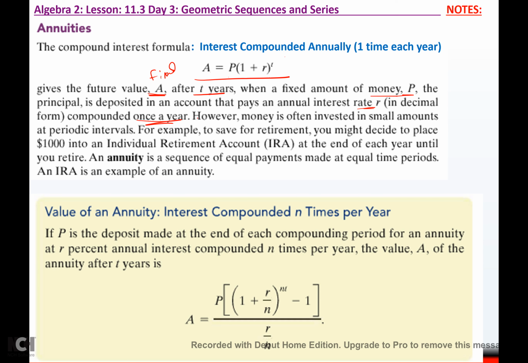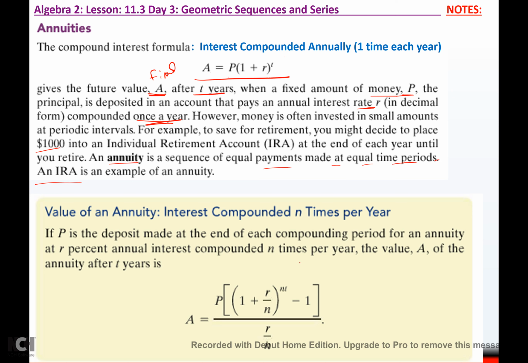However, money is often invested in small amounts at periodic intervals. For example, to save for retirement, you might decide to place $1,000 into an individual retirement account at the end of each year until you retire. An annuity is a sequence of equal payments made at equal time periods. An IRA is an example of an annuity.